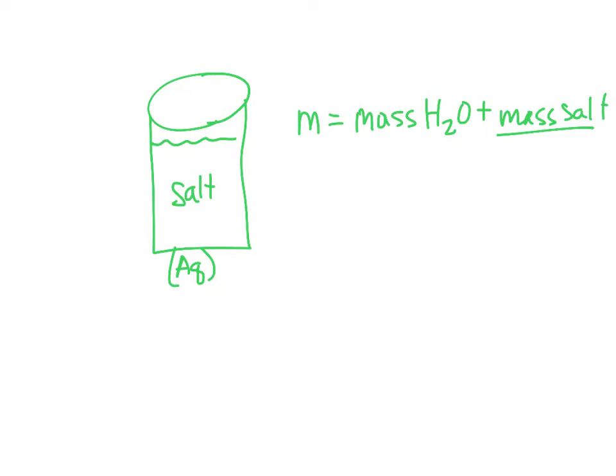Now, what if we didn't put a salt in there? What if instead we put a piece of metal in there? Like, I don't know, a spoon. Would the mass of the spoon become part of the solution? Well, if I put a spoon in here, is the spoon going to dissolve?